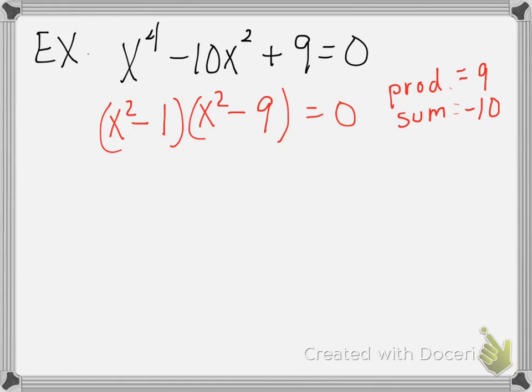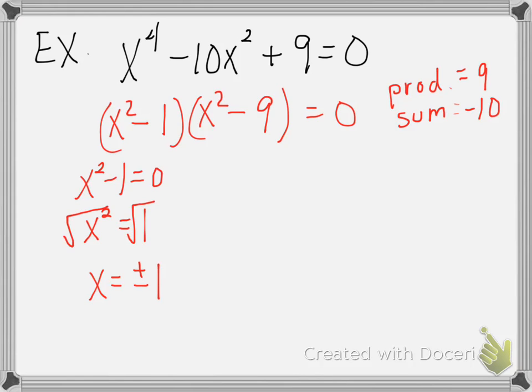Okay? Now from here is where it's a little bit different, because if I were to take this factor and set it equal to 0, I would add 1, but I don't get x equals 1. I get x squared equals 1. So I need to take this one more step and undo squared by taking the square root of both sides. The one thing I don't want you to forget, when you solve by taking square roots, you get plus or minus, and the square root of 1 is 1.